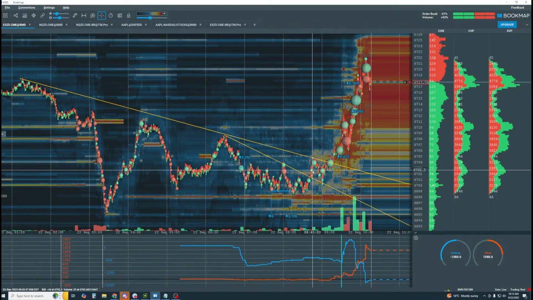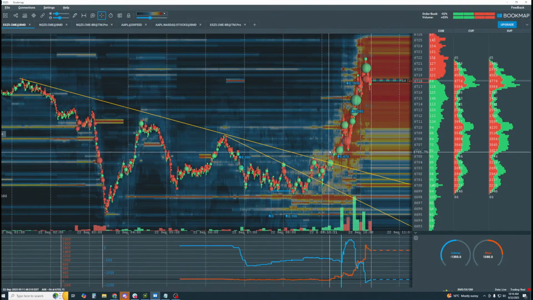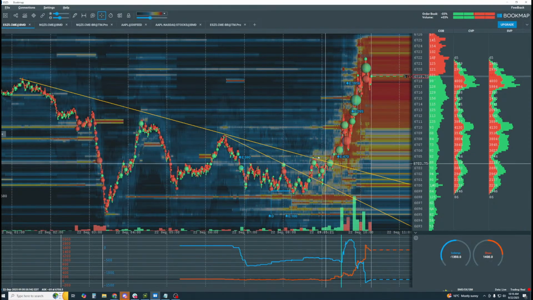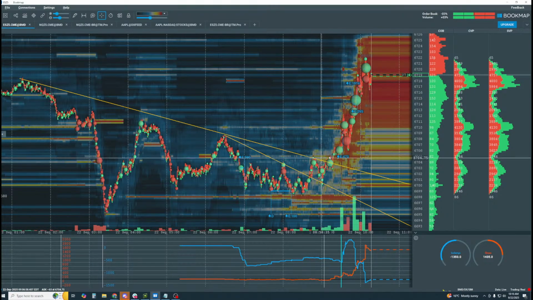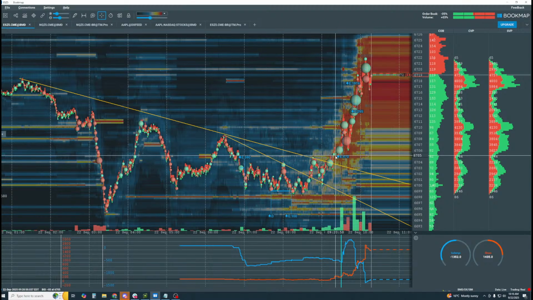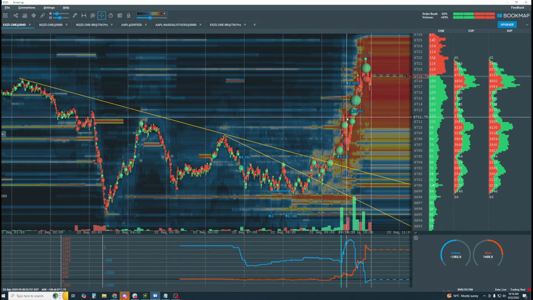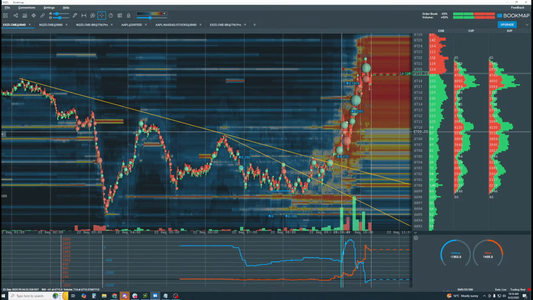Okay? This is all about the open and the momentum from the aggressors coming in. All right, and this is a very different setup. Basically the only thing that it shares in common is the aggressors here and the structure break.